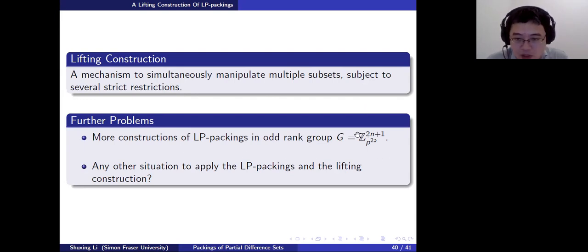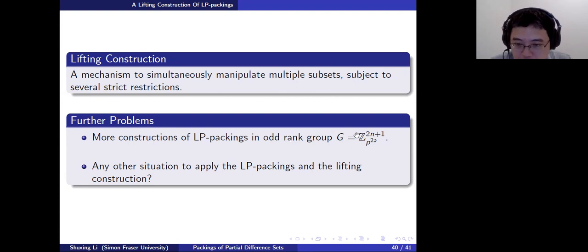Remember, we always use our spread as our starter to do our lifting construction. And the spread only exists in elementary abelian groups of even rank, so an elementary abelian group which is an even number of direct products. And we are asking, how about the odd rank groups?